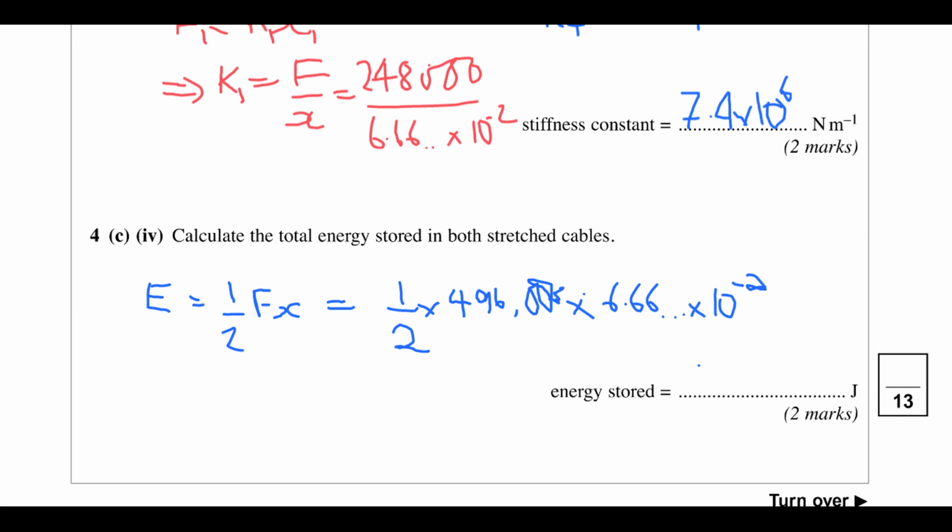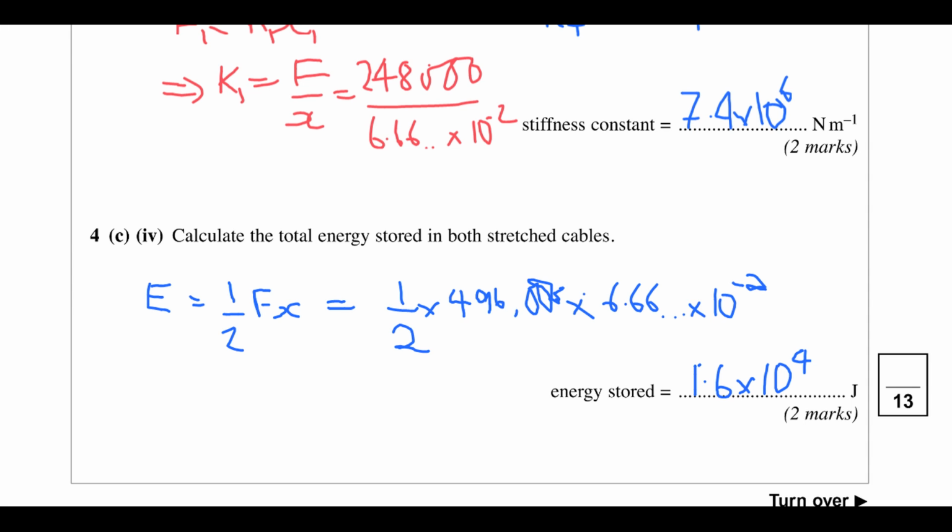So that's going to be, actually, it's 1.64 blah blah blah, so that's just going to be 1.6 times 10 to the 4 joules. And that completes this question on the materials.